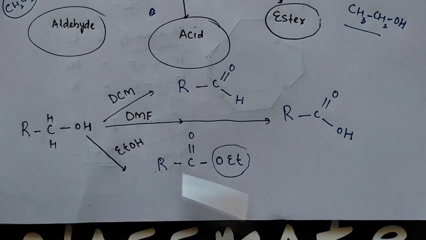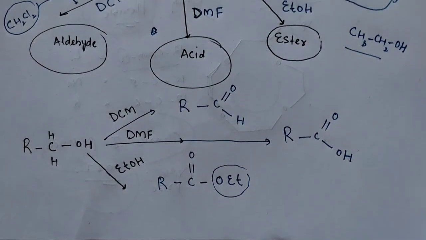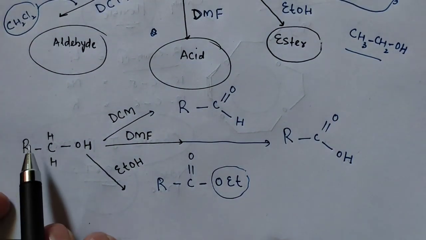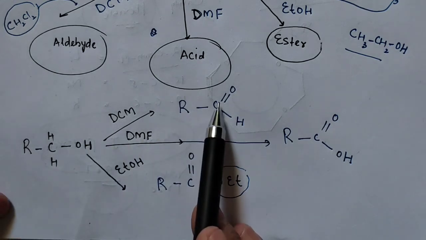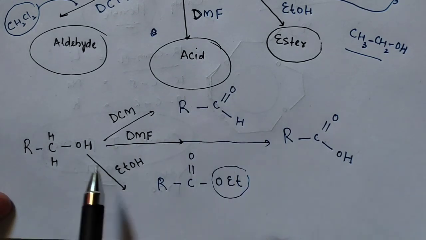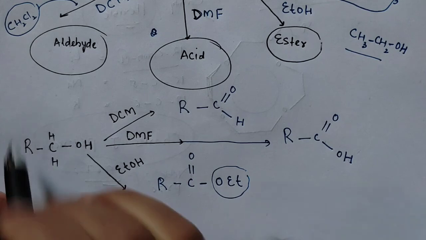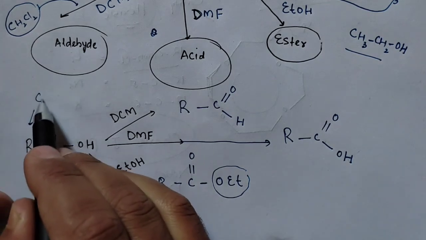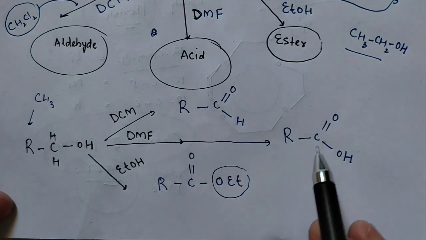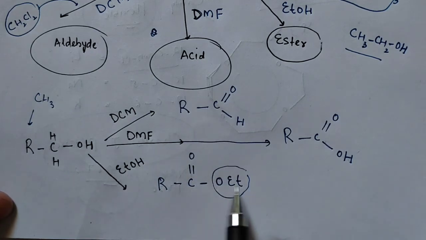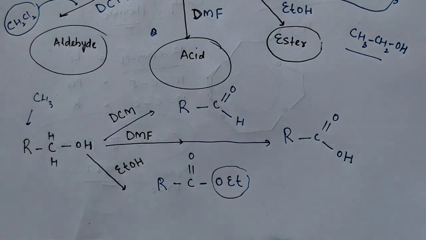If you have a 1 degree alcohol like this, for example if R is your CH3 and it's ethanol, we'll get the aldehyde. If R is CH3, from here you'll get acetic acid, and here you'll get ethyl acetate. So that's it. These are the important things, and the questions come from here regarding pyridinium dichromate.